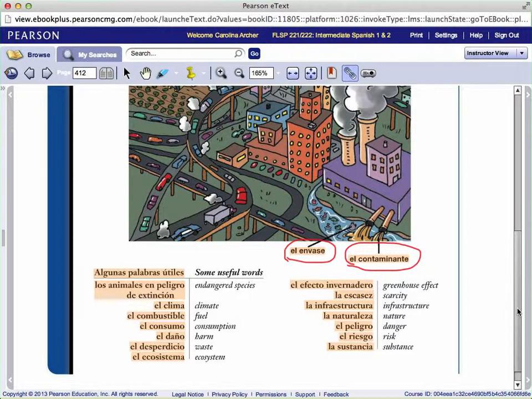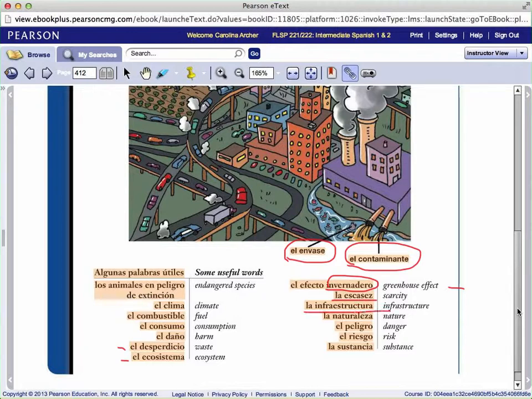El ecosistema, the ecosystem. El efecto invernadero, the greenhouse effect. Invernadero is a greenhouse. Scarcity, la escasez. La infraestructura, infrastructure.